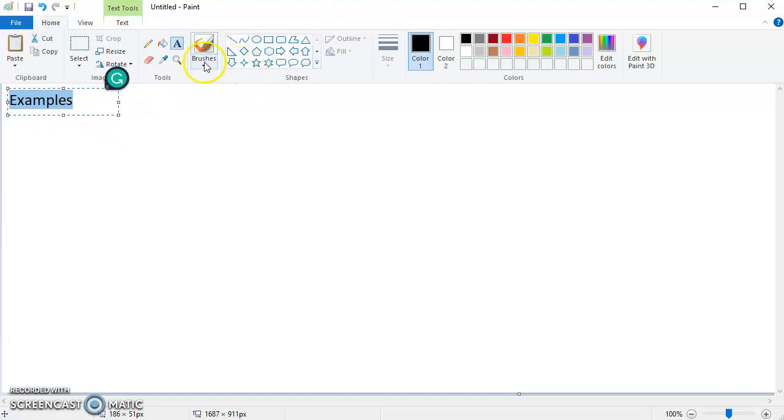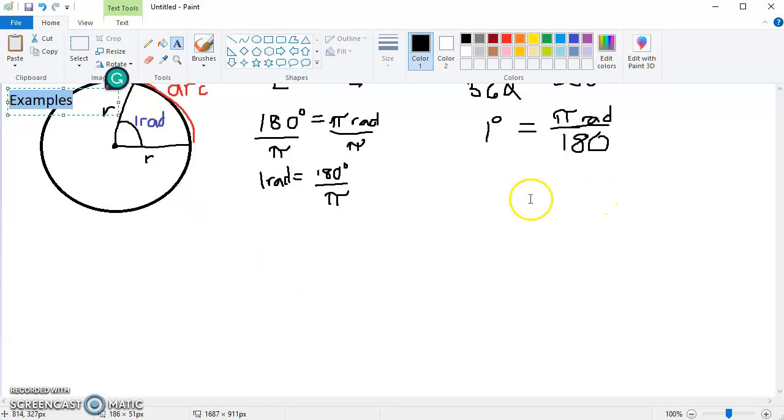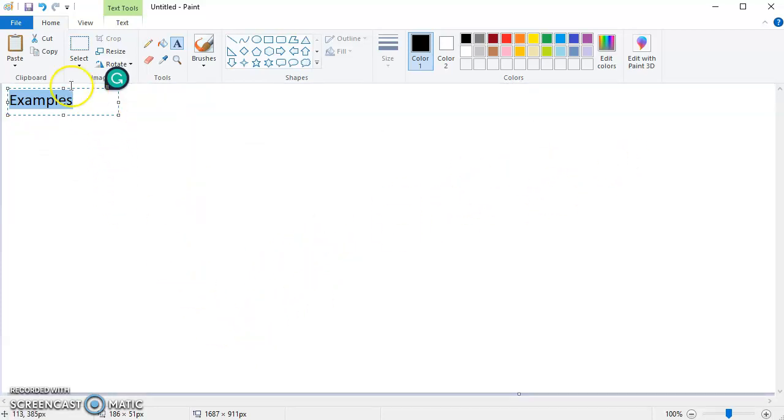And so from this we can learn the relationship between a radian and a degree. And so they are able to convert to one another through this relationship.